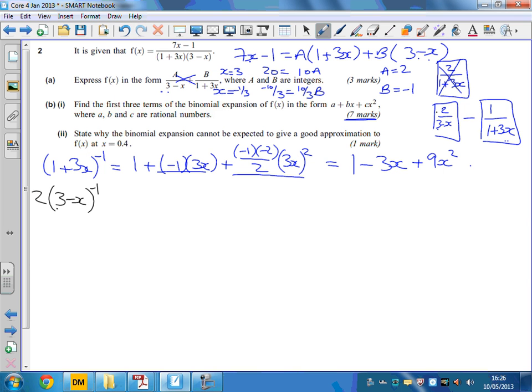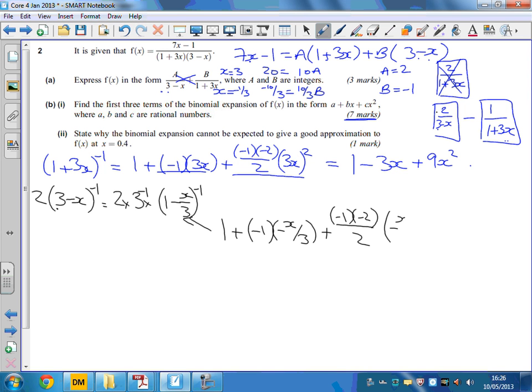Now we've got a 3 here. We have to take that 3 out, don't we? So we're doing 2 times by 3 to the power of minus 1. Don't forget the 3 to the power of minus 1, times by 1 minus x over 3 to the power of minus 1. Let's work out this bit. This is 1 plus n times the x bit plus n times n take away 1 over 2 times the x bit squared.